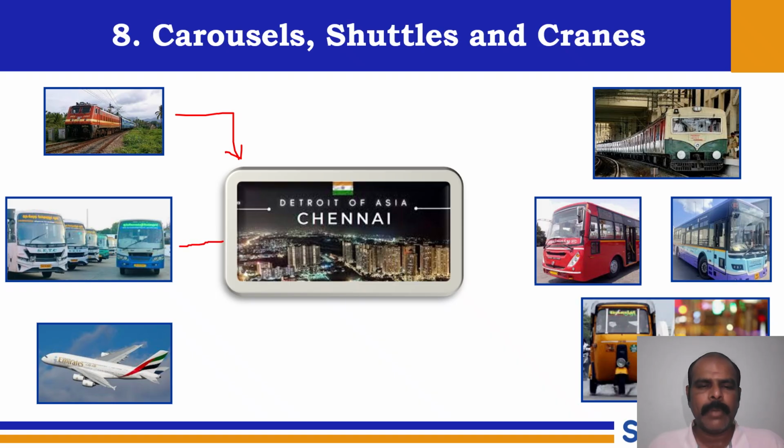Then the government, apart from private players, is one of the major contributors for people who wish to come to Chennai, with different categories of buses, the Mofussil buses as we call them. And of course the higher segment is air transport. From different parts of the state or the country or the globe, we can reach Chennai by air. So these are the 3 essential things.